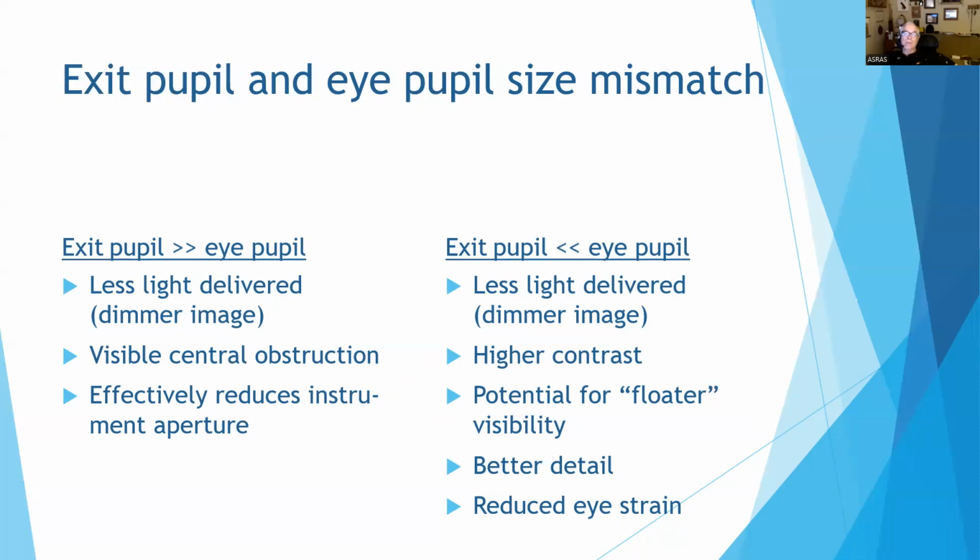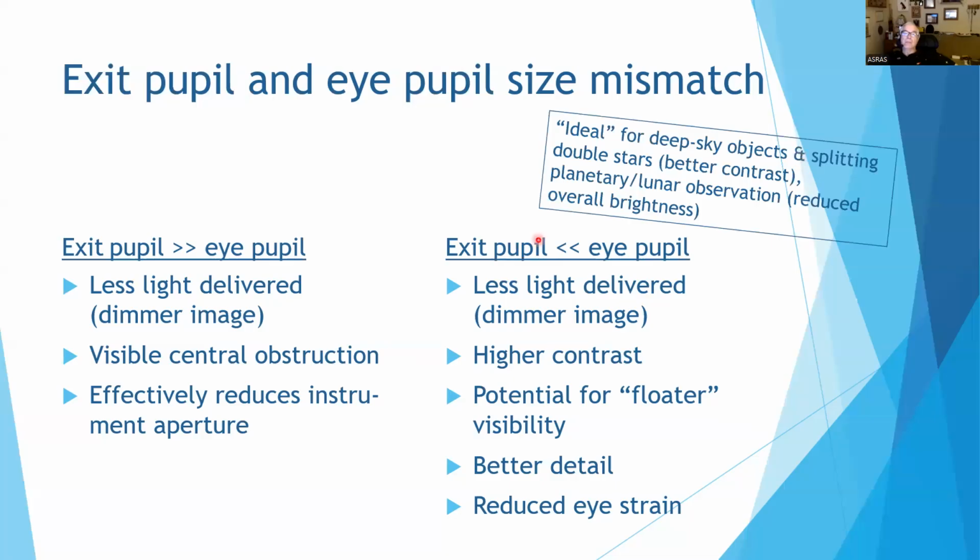Some references I found said that an exit pupil smaller than the eye pupil is ideal for observing deep sky objects, splitting double stars because of the better contrast, and actually planetary and lunar observation, because of reduced overall brightness.